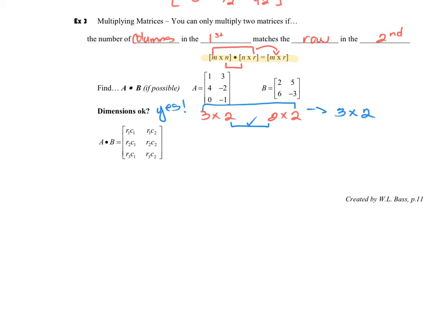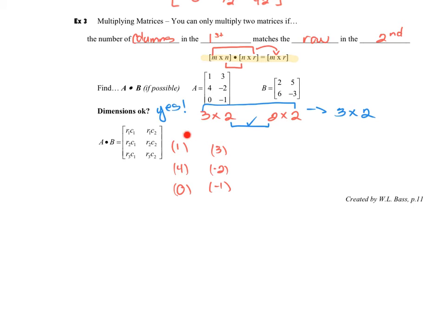So what I like to focus on first is, let's just focus on this row. I'm going to have this row, and this row, and this row. And I'm just going to write those out. So I'm going to have a 1 and a 3, and you'll notice I'm leaving a gap here for a reason, and I'm going to have a 4 and a -2, and I'm going to have a 0 and a -1.